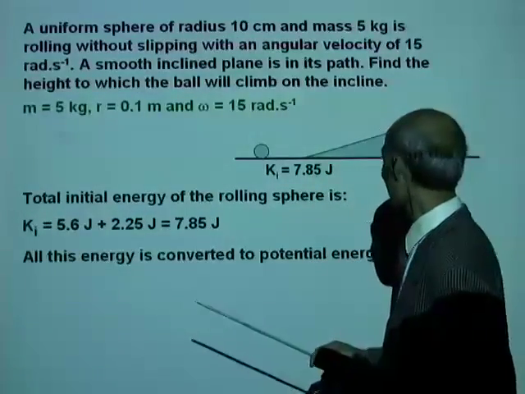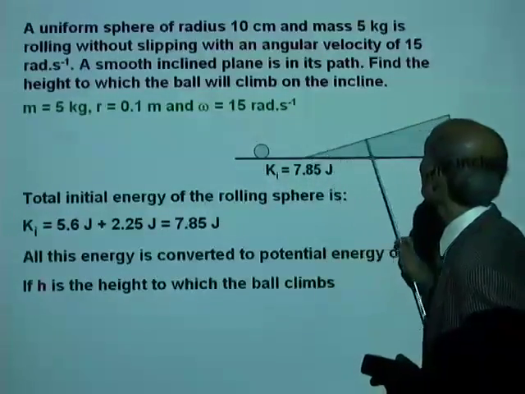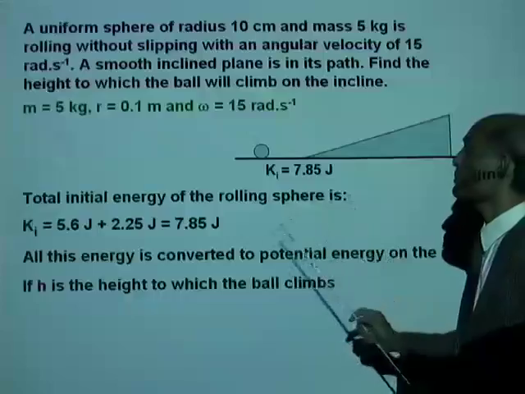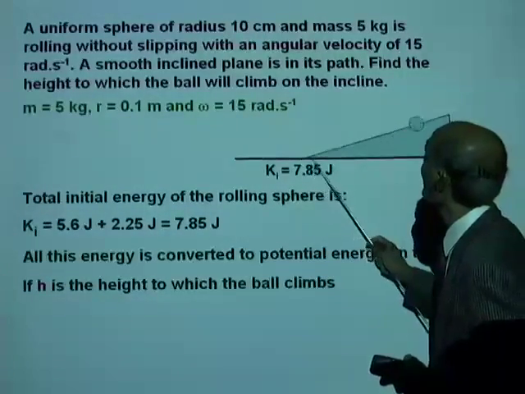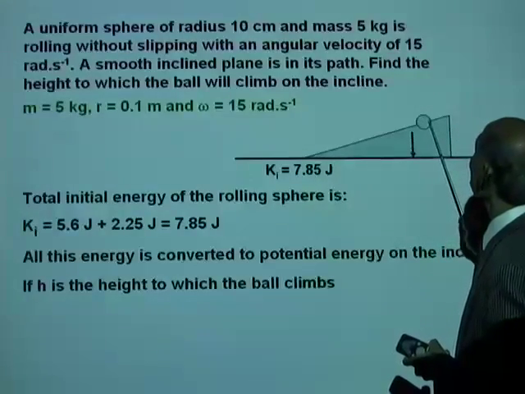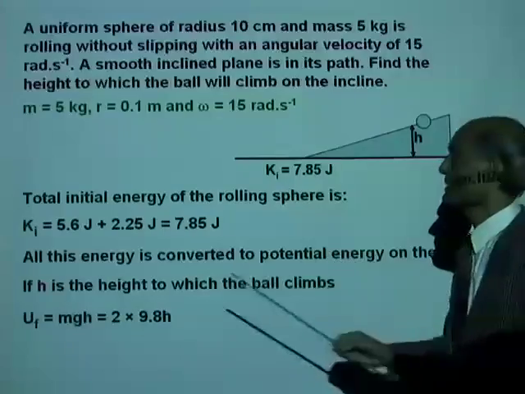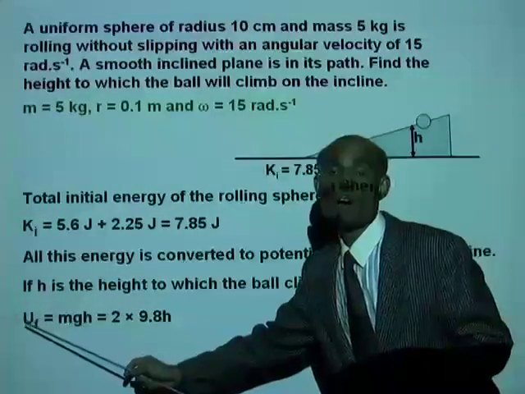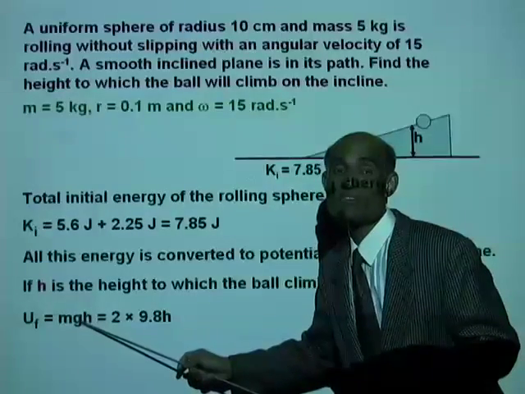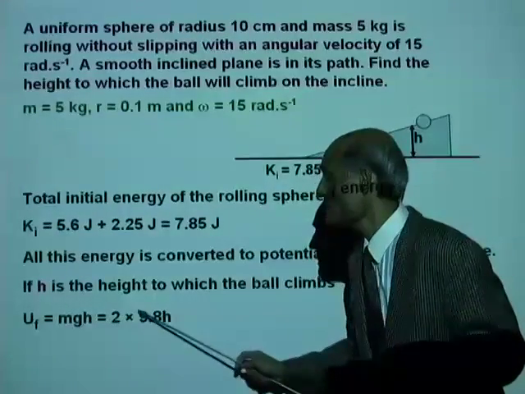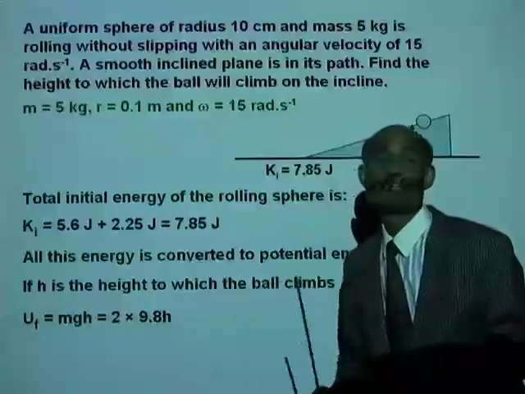So now all this energy is going to be converted to potential energy when it rolls to a height h. This is h. What is the potential energy there? The potential energy of an object placed at a height h is mgh. Mass is 5 kilogram, g is 9.8, and h we don't know, we need to calculate it.